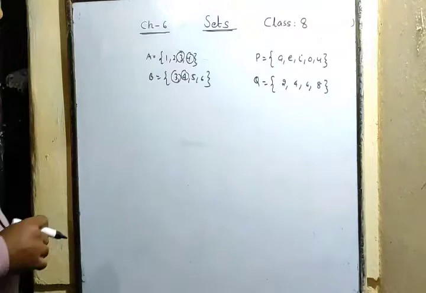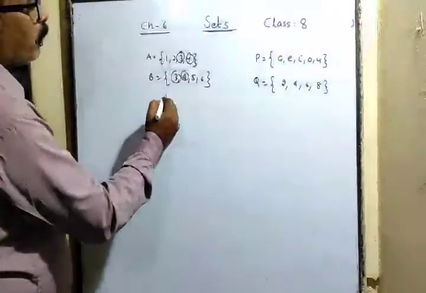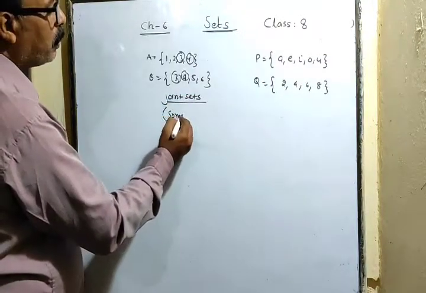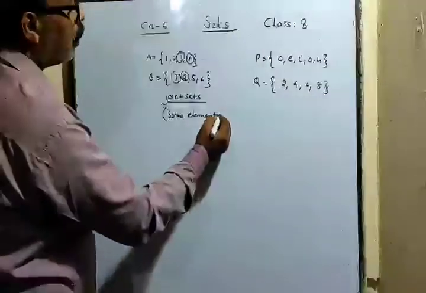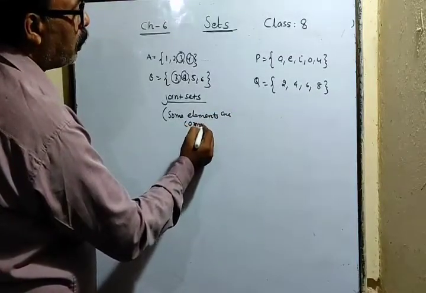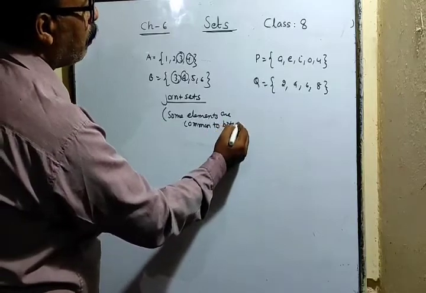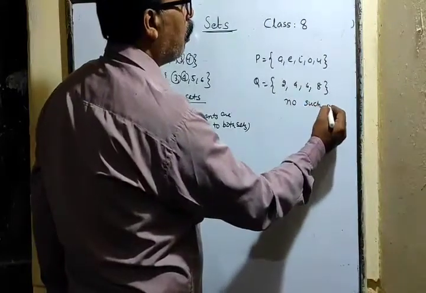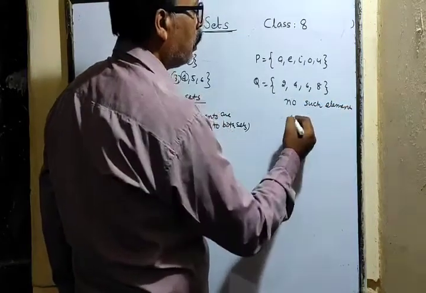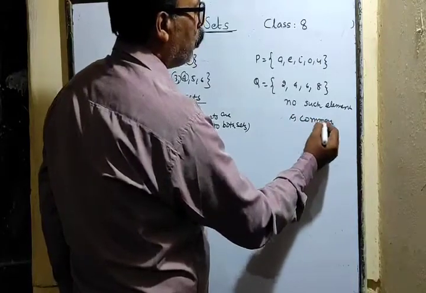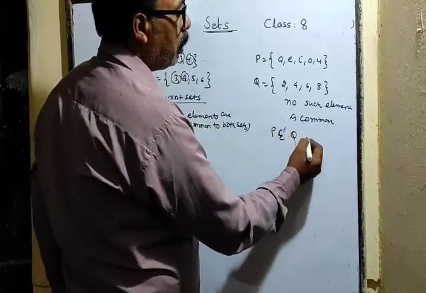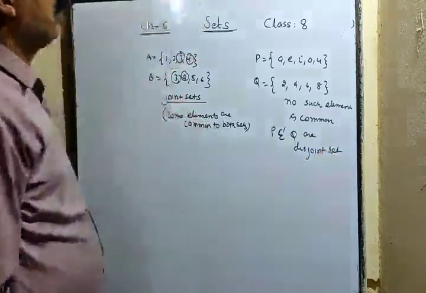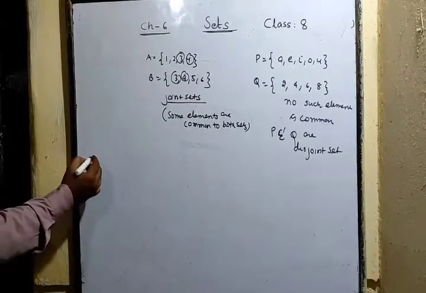If some elements are common to both sets, they are called joint sets, because some elements are in common. But in the case of P and Q, no such element is common. So we will say P and Q are disjoint sets.